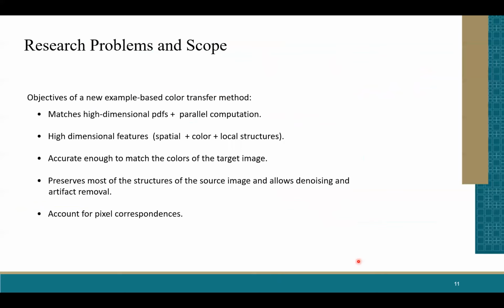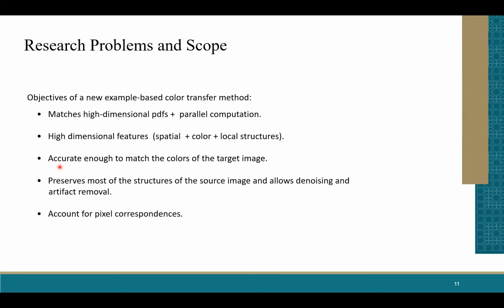So to propose a new example-based color transfer method, several questions need to be addressed. First, how to estimate a transformation function that matches high dimensional probability density functions and is suitable for parallel computation? Is it possible to solve color transfer using a high dimensional representation that includes spatial and color information and preserves local structure?